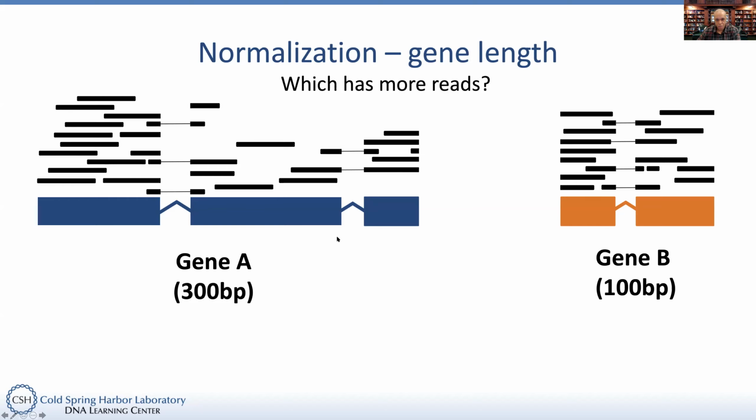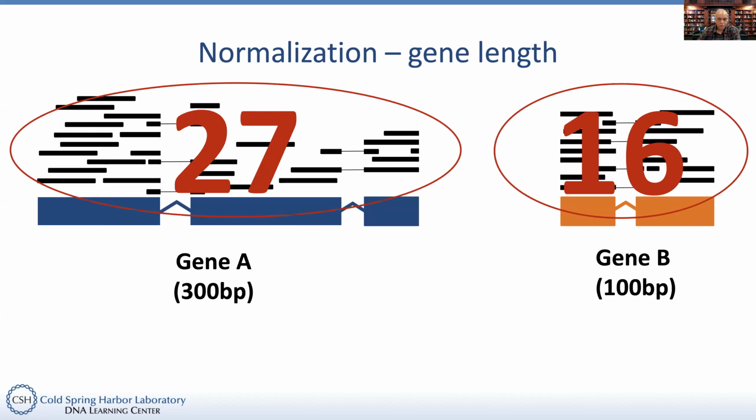But obviously the reason why is because transcripts don't have introns, so that's what we're seeing here. But now my question is, which one of these, gene A or gene B, has more reads? I don't really need you to pause the video to count, but if you were to, you would see that there are 27 reads mapped to gene A, and there are 16 reads mapped to gene B.